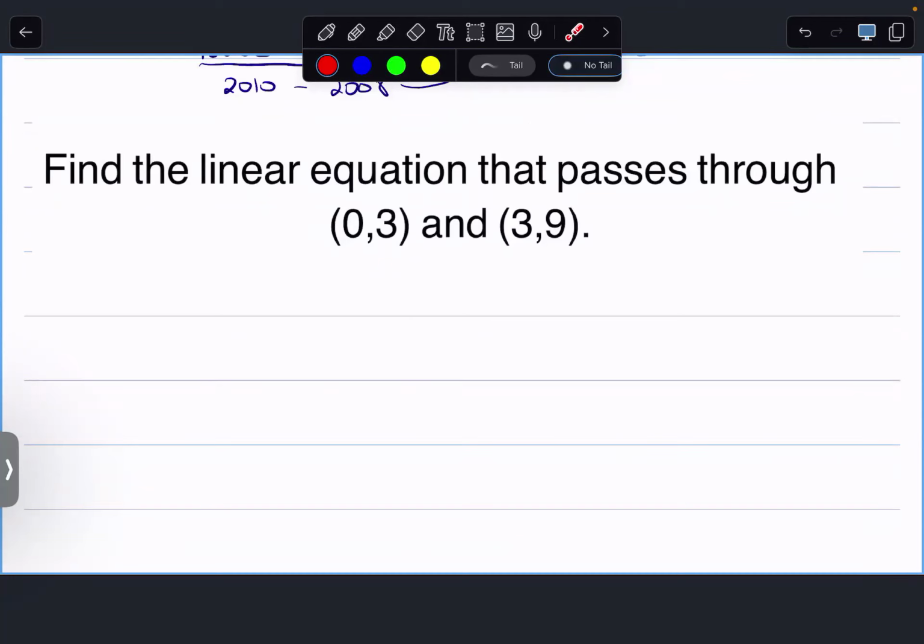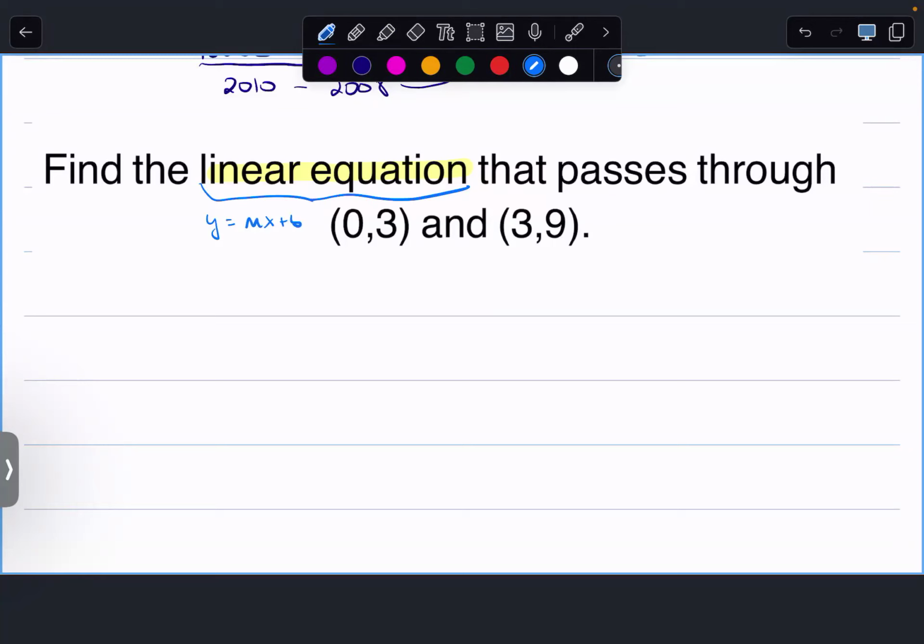Find the linear equation that passes through (0, 3) and (3, 9). Now, find the linear equation definitely involves finding the slope, right? But it also includes finding the intercept, right? And so this is the whole kit and caboodle.